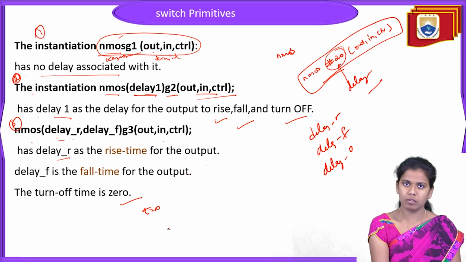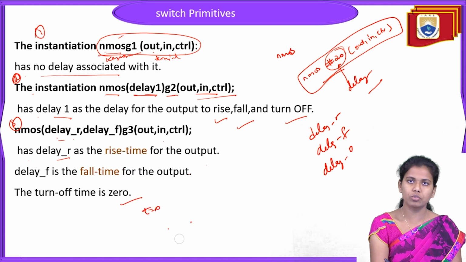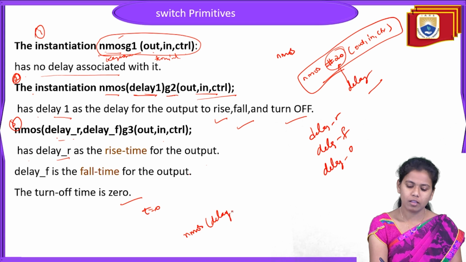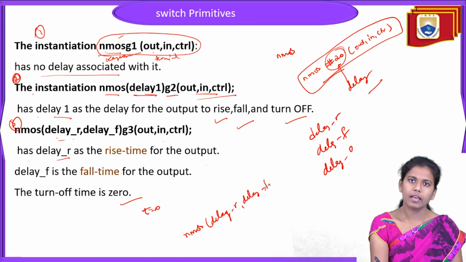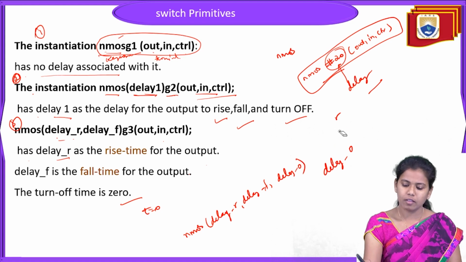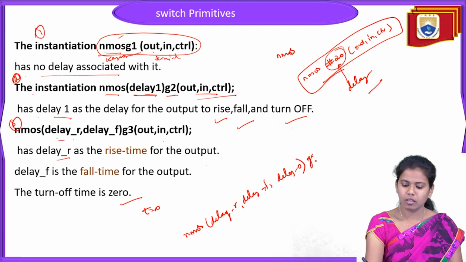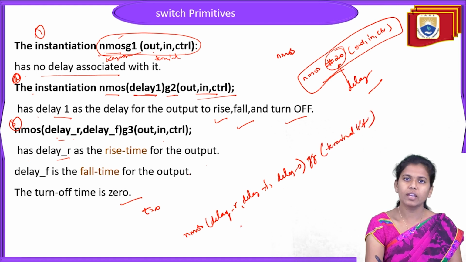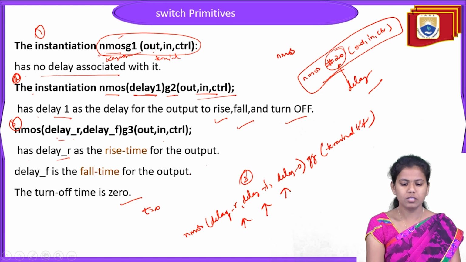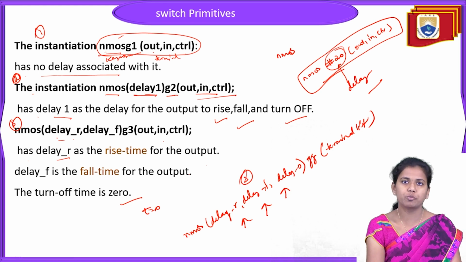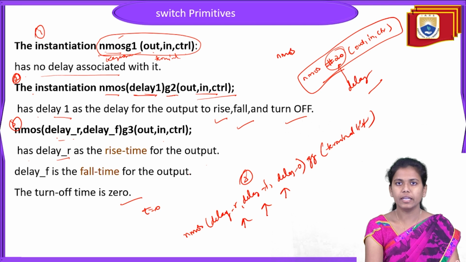With regard to 3 delays, how can I write it? NMOS, delay R, delay F, delay turn off, and then the gate that I'm considering, G1, and the terminal list. So here totally I have 3 delays, with respect to rise time, fall time, and turn off time. This is how the instantiation of the switch primitives goes with respect to the delays.